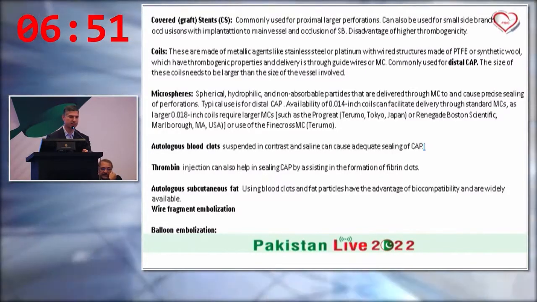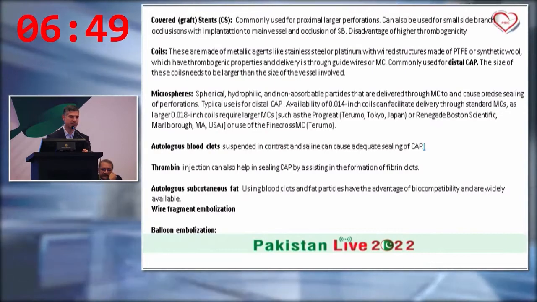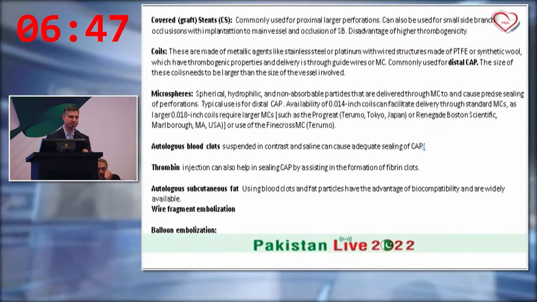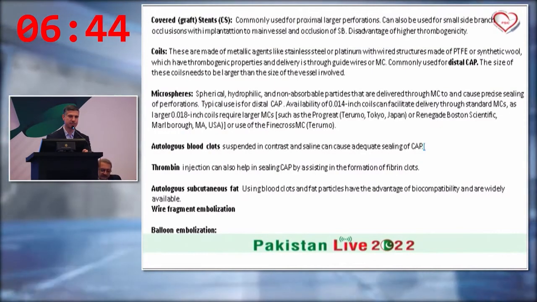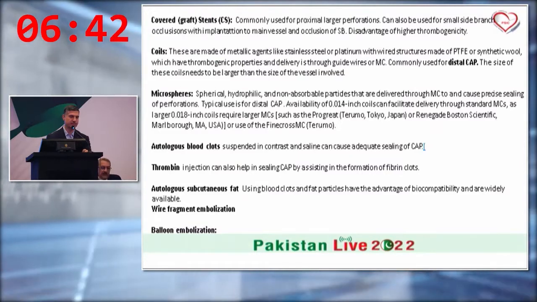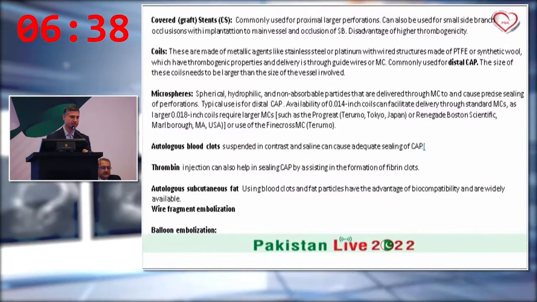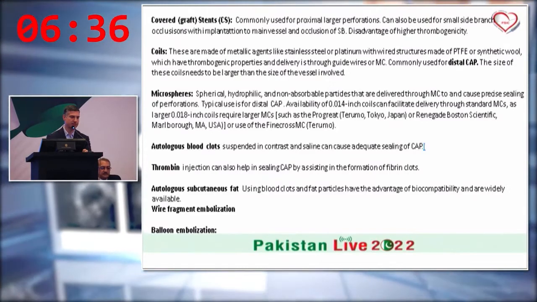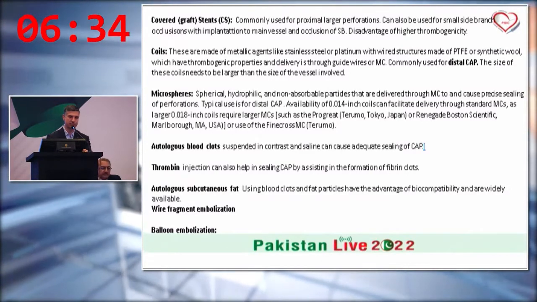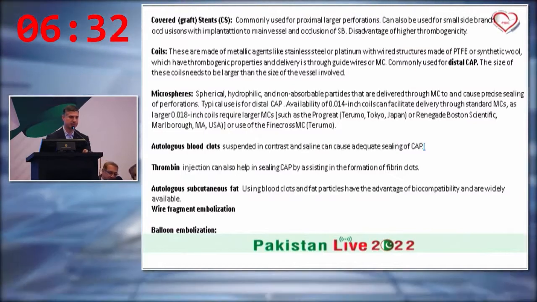Microspheres are also useful, but there are different types. Some are used with 0.14 wires, and some are inconvenient with 0.13 wires. We should know about that. Autologous blood clots may be useful in some cases.